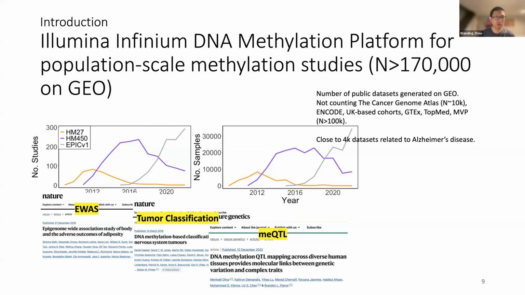We haven't incorporated EPICv2 yet because it was just recently released. But as you can see, there is not a leveling of adoption yet, particularly in studies that require a lot of sample profiling, such as epigenome-wide association studies, performing a large number of disease classifications, as well as linking methylation variations to genetic variations.